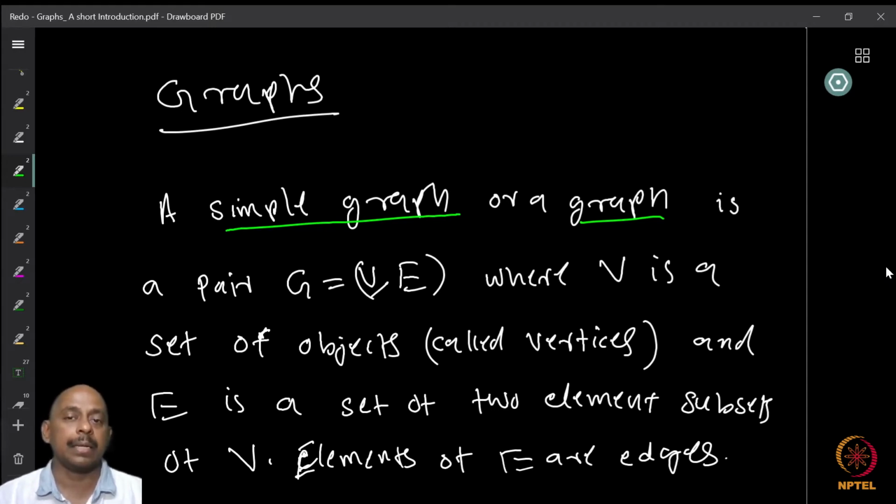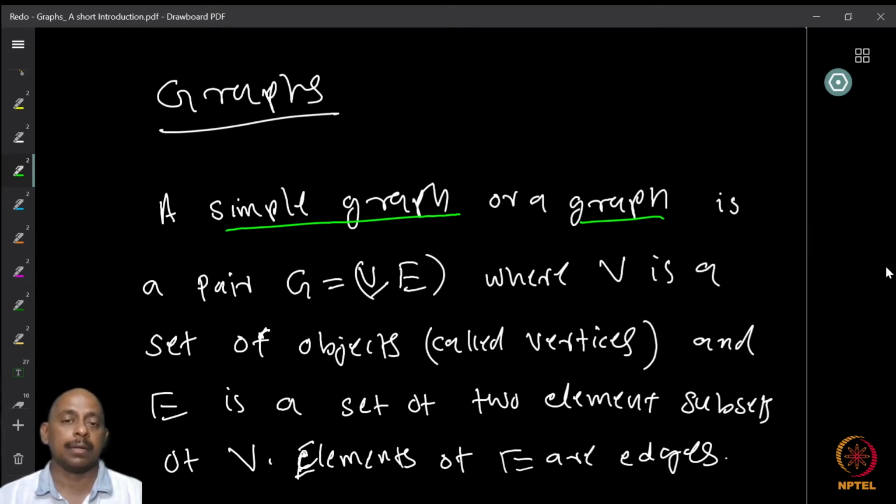A graph is a pair of sets, let's say G equal to (V, E), where the elements of the set V are called vertices. So this could be a set of objects, and the set E is a set of two element subsets of V. So the elements of E are called edges.